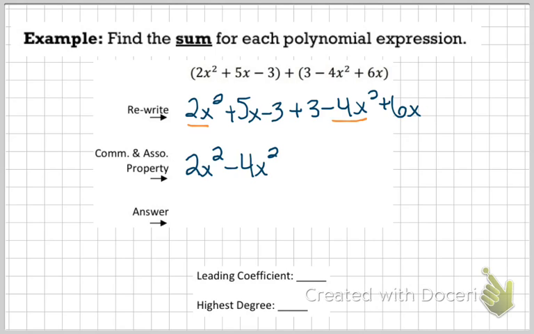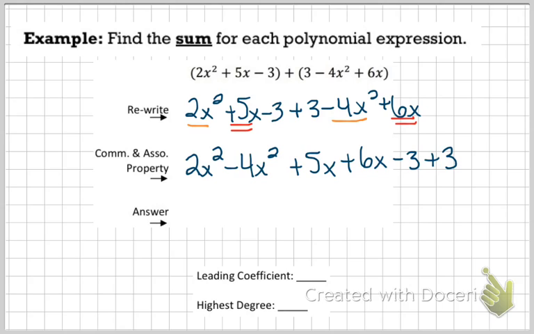Next, we use the ones that had a power of 1. And that is the 5x, and 5 is positive, and the 6x, which is also positive. Finally, we deal with the constants, which is a negative 3 plus a 3.